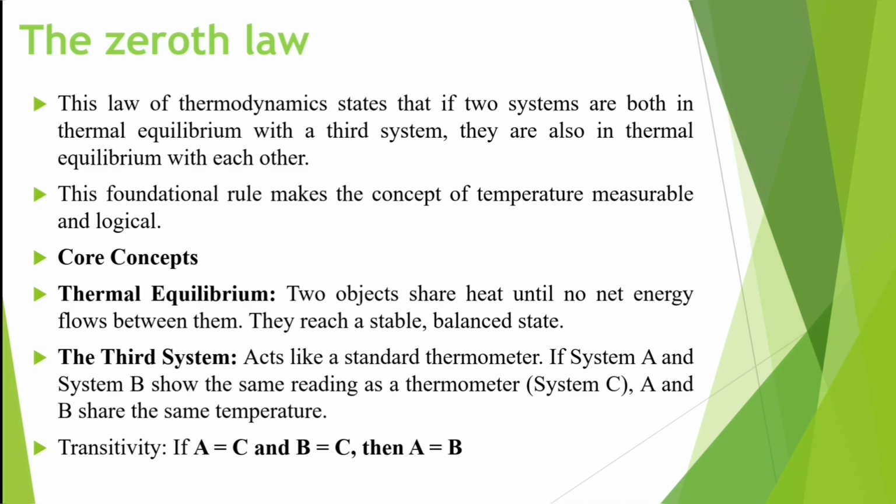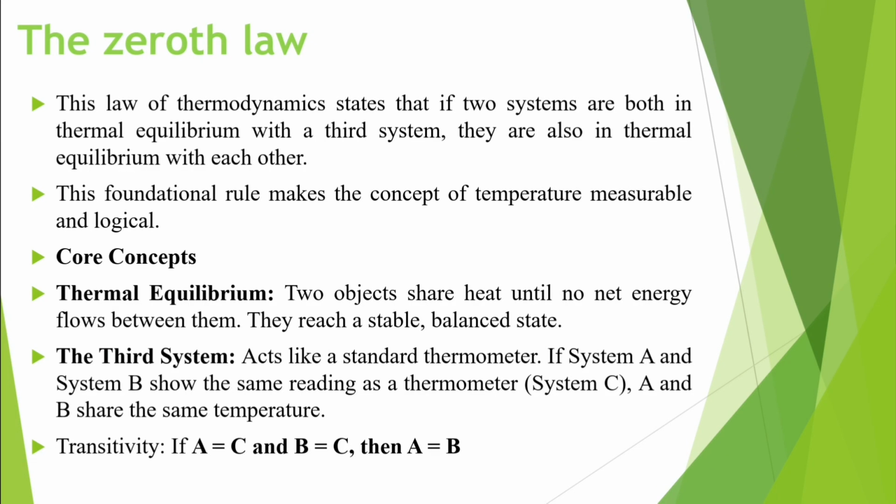At first, bioenergetics. In bioenergetics we will discuss the laws of thermodynamics. At first we will discuss the zeroth law of thermodynamics. This law states that if two systems are both in thermal equilibrium with a third system, they are also in thermal equilibrium with each other.